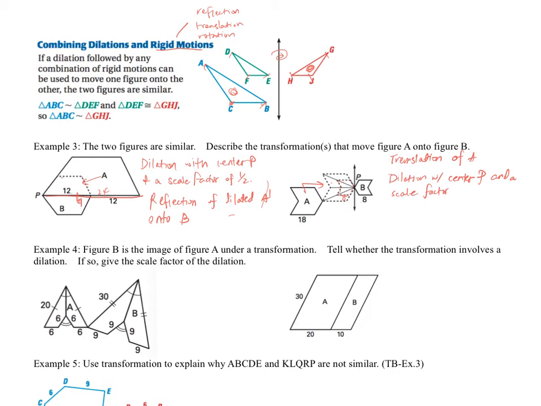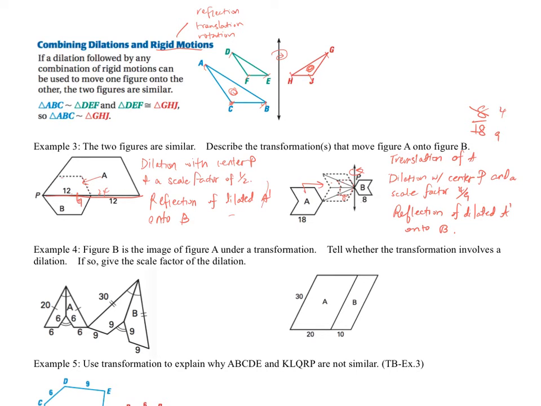So we're going to write 8 to 18, and after you simplify, that's going to be 4 to 9. So remember to simplify your scale factors. And then we have a reflection of dilated A prime onto B.